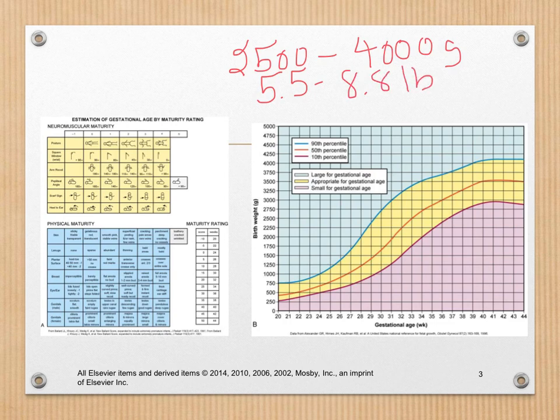So if I am born at 37 weeks gestation and I weigh 3,000 grams, so we'll just put them smack in the middle, they're about a 7-pound baby. So 37 weeks and I weigh 3,000 grams.